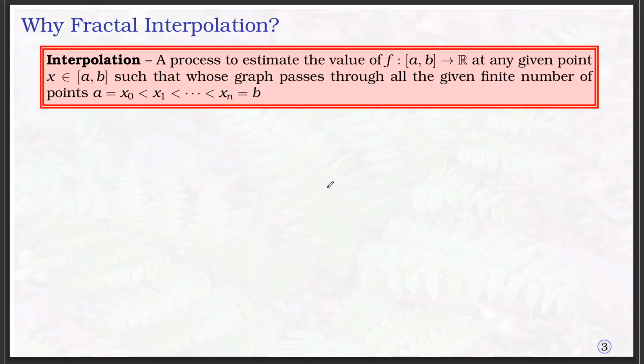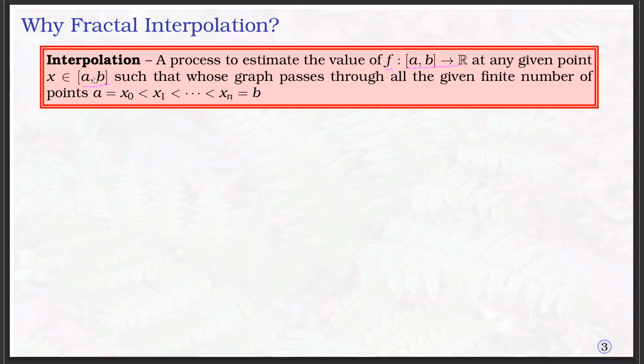classical interpolation. Classical interpolation is a process to estimate the function f from the interval a comma b to R at any given point x belonging to the closed interval a comma b, such that its graph passes through all the given finite number of points which partition the given interval.